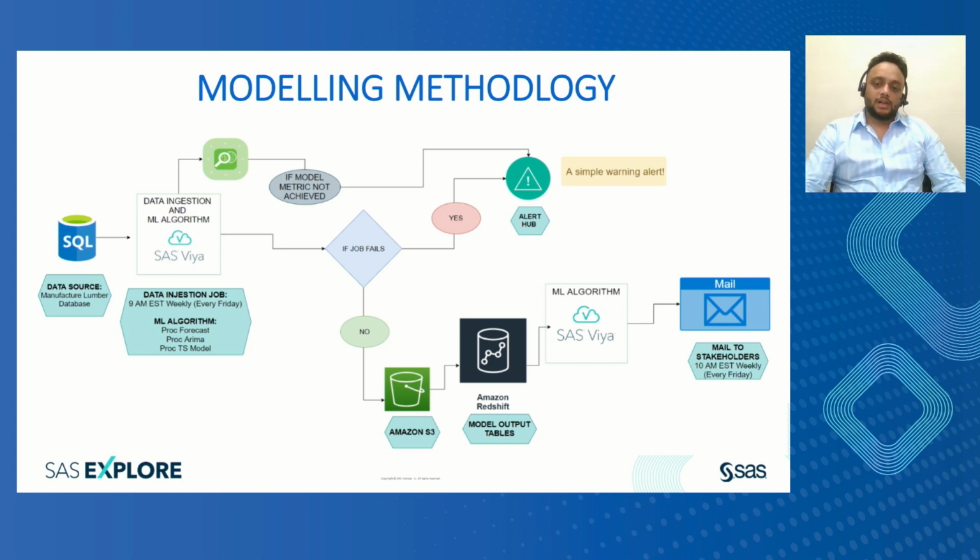This output is utilized by the sales team and the production team for the further process in their day-to-day business. So this was the whole architecture, how this model has been built, and how the output of this model is consumed by every stakeholder, who get the output as a CSV file in their email. I'll showcase that also in the next slide.